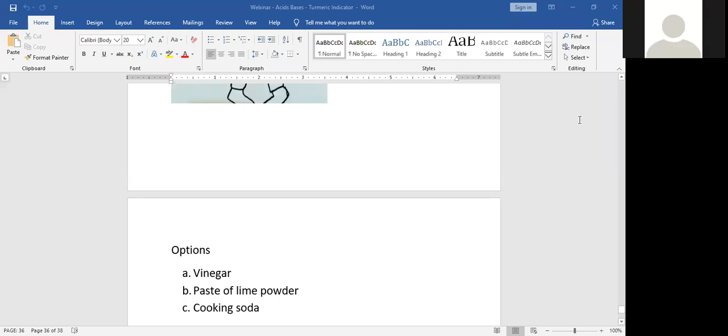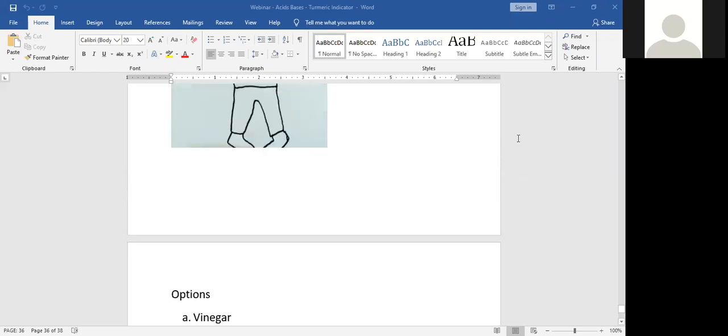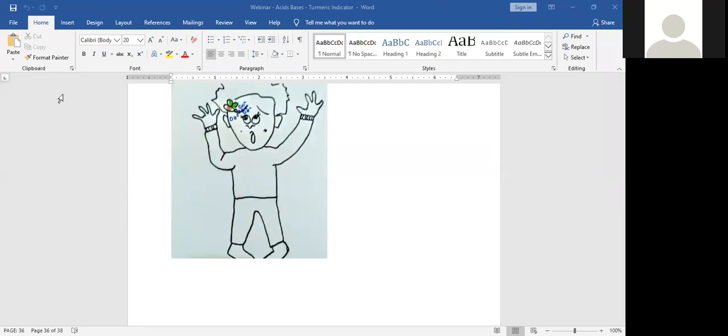Okay, so paste of lime powder. Lime powder is basic in nature. So what ions will it have? OH minus ions or H plus ions? It will have OH minus ions, right? When the wasp stings, it's alkaline in nature, meaning it's giving out OH minus ions. If we add a paste of baking soda to this, it will increase that burning sensation because you'll be increasing the concentration of a base.